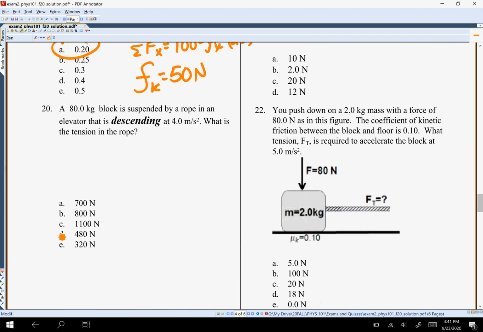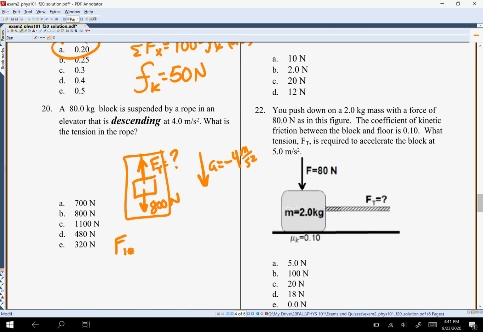An 80 kilogram block is suspended by a rope in an elevator that is descending at 4 meters per second squared. What is the tension in the rope? So it looks like this. I have a weight of 800 newtons, and I have a tension. I don't know what that is, but I know that it's accelerating at negative 4 meters per second squared.